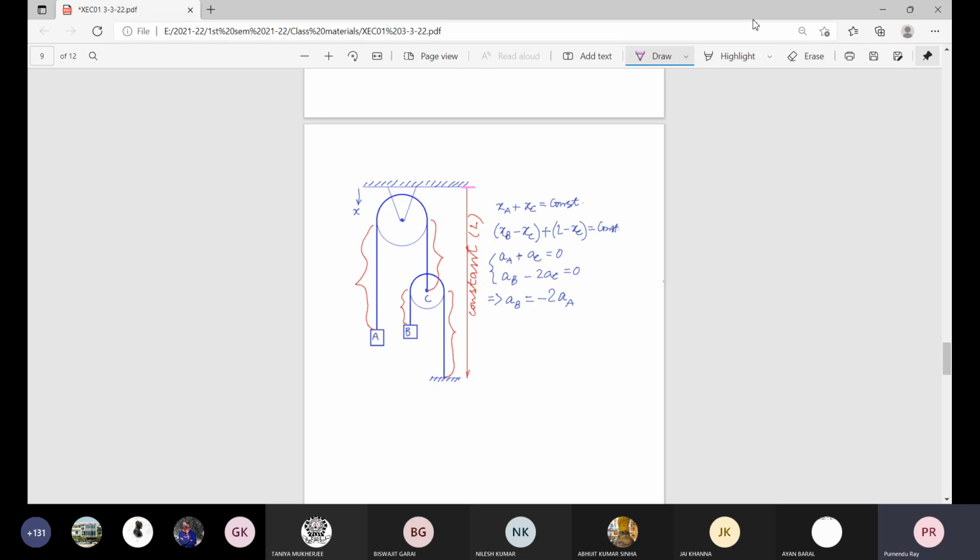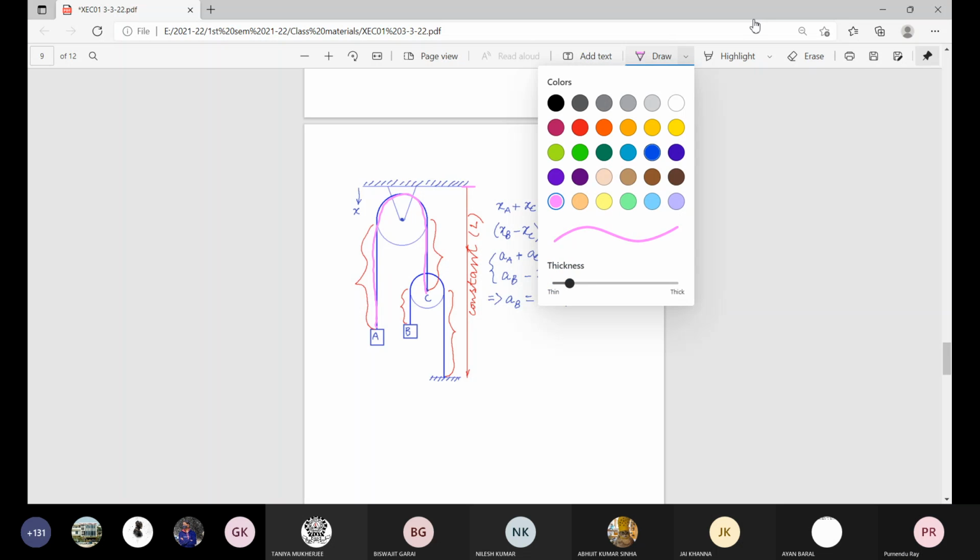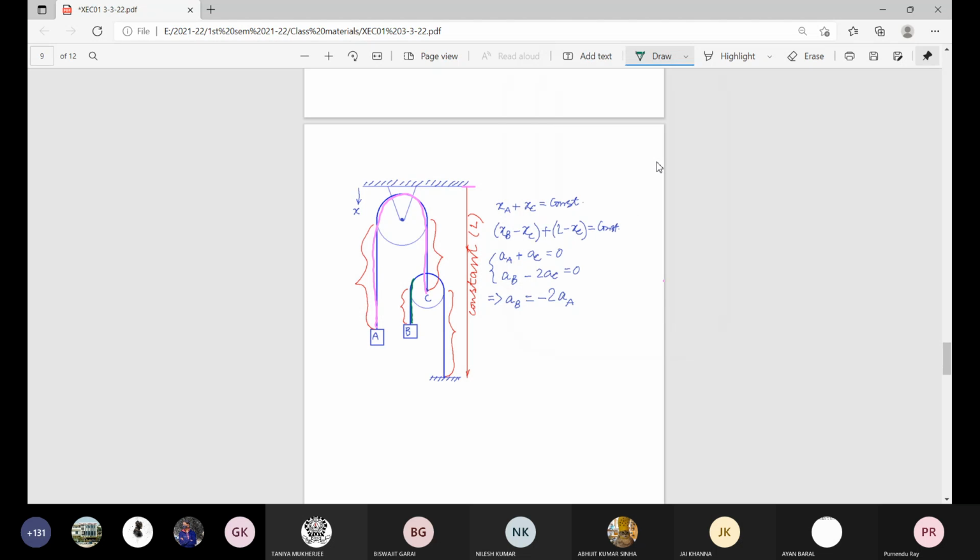So first one is the length of this rope, from A to C. Second one is the rope here, is this one, but XB is this one.